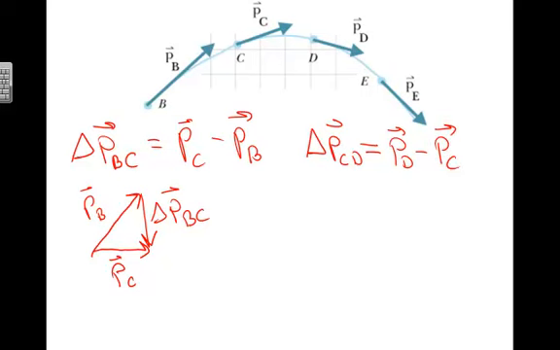So if we draw these, PC looks like that, PD looks like that. Subtracting these two, start at the nose of the subtracted vector and go to the nose of the other one. And there's my delta P CD. Again, my momentum is originally in the direction of PC. How would I have to pull on that vector with my hand to get it going in the direction of PD?